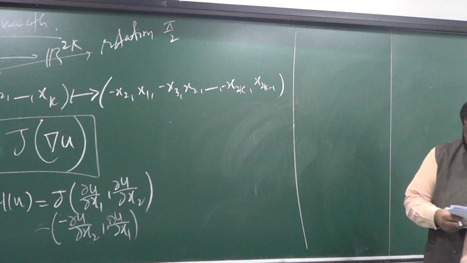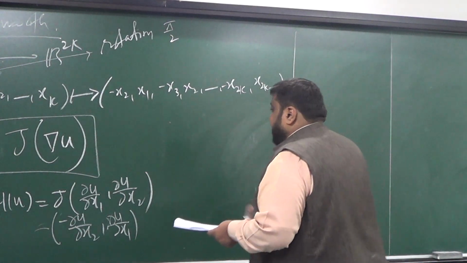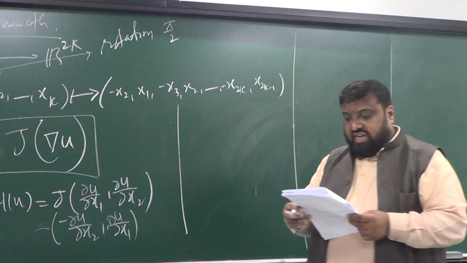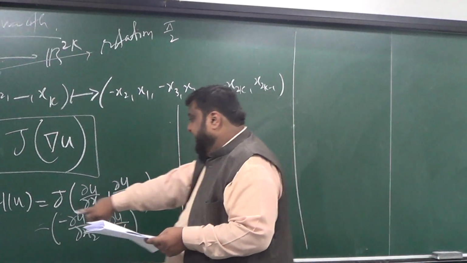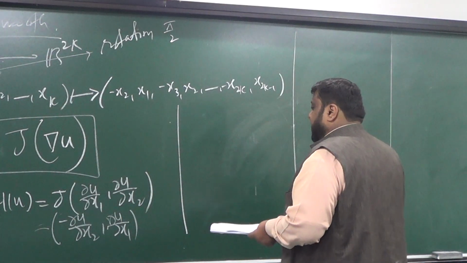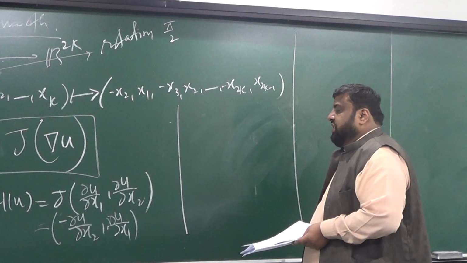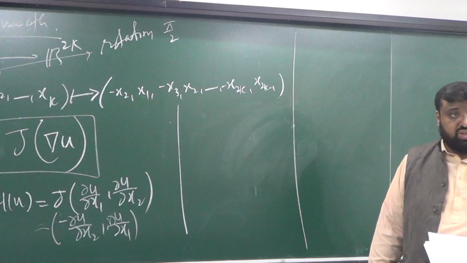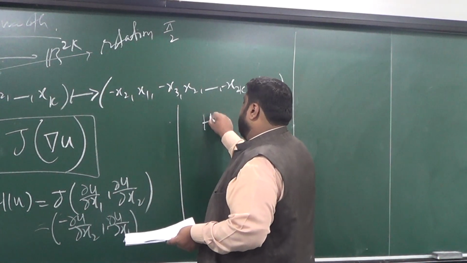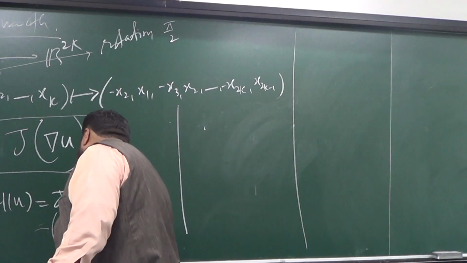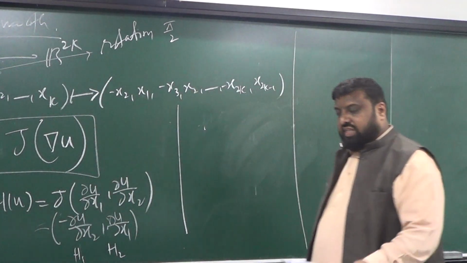Okay. Now let's observe something interesting. Let's say we compute, so take h of u, and take the first component of h of u, and differentiate it with respect to, for example, the first component. So in other words, let's call this component h1 and let's call this component h2.